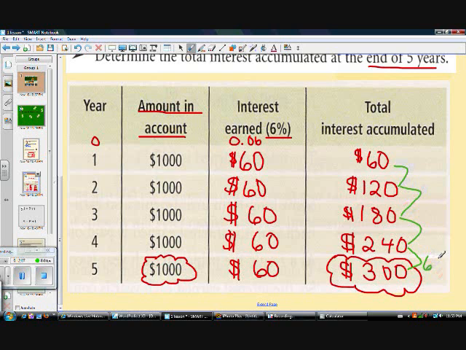I'm going to get 60. And I'm going to get another 60. And I'm going to get 60. So first differences here ended up with 60. In other words, the same number each time.